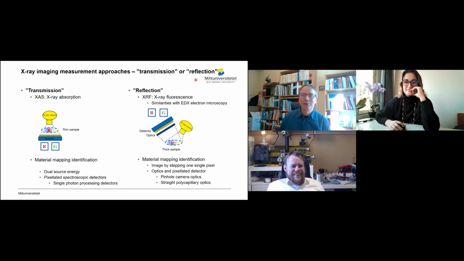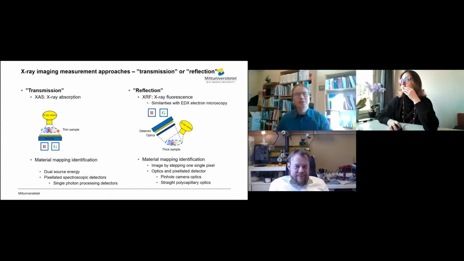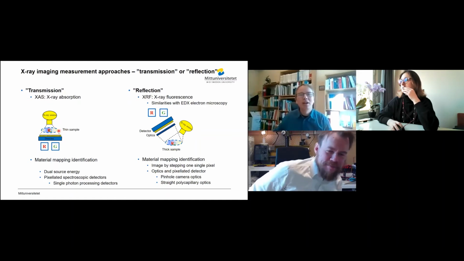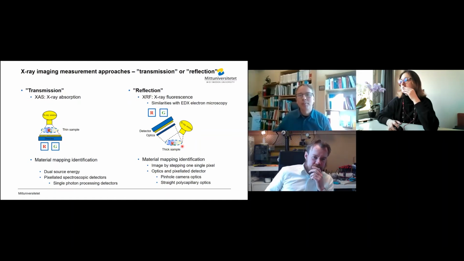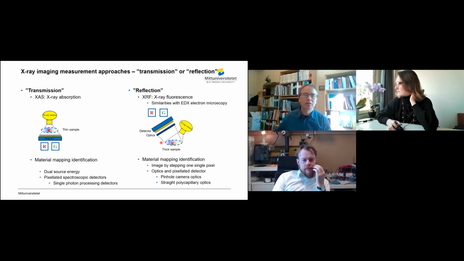Reflection is not the correct term here, because if you're doing transmission, you're shining through, it's a normal X-ray image. But from a practical perspective, if the sample is too thick, then you cannot transmit through it, but you can still look at some of the reflection image, which is not a reflection in the physical term. I will come back to that later.